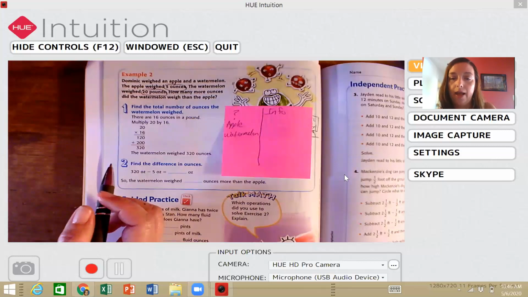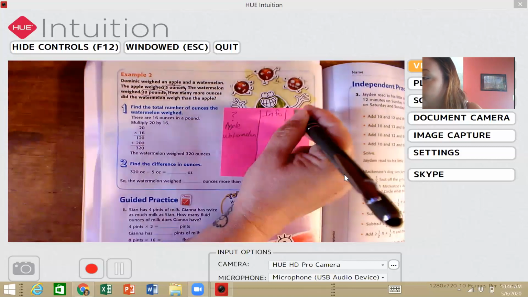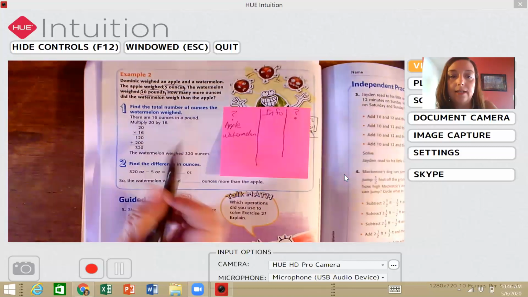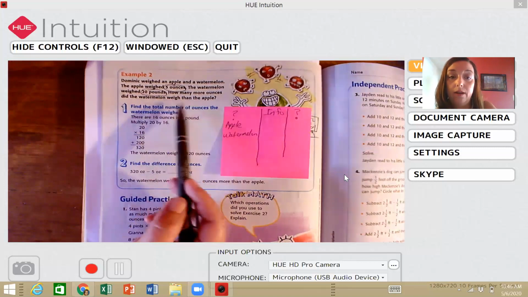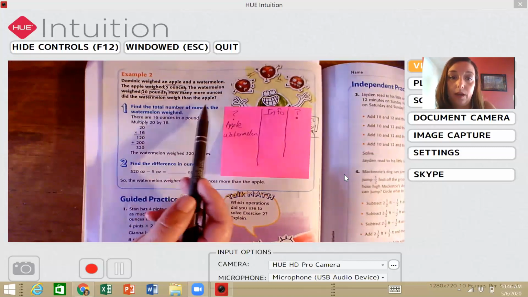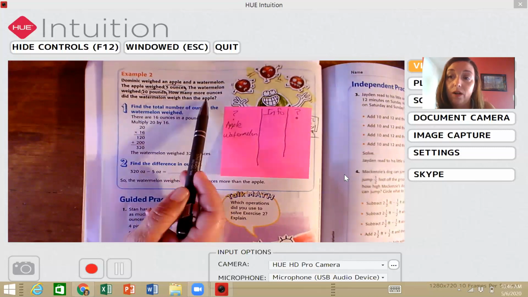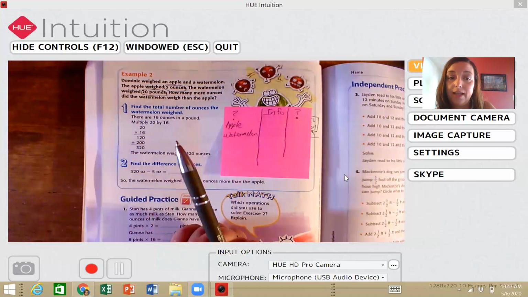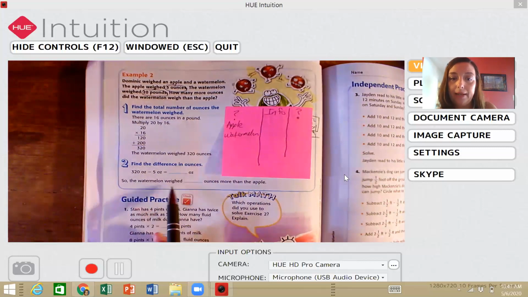So now I have to look for the question, right? So the question is asking us, how many more ounces did the watermelon weigh than the apple? Okay, so how much more did it weigh? But it's asking how much more did it weigh in ounces. So I'm going to have to say, the watermelon weighed blank ounces more than the apple.